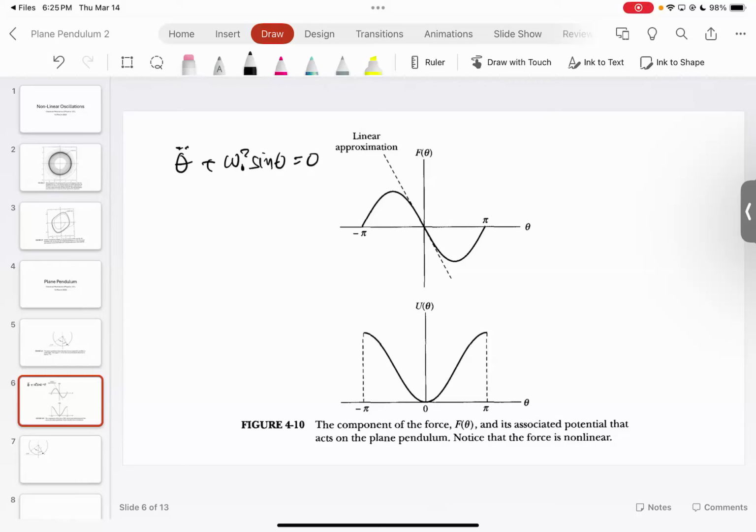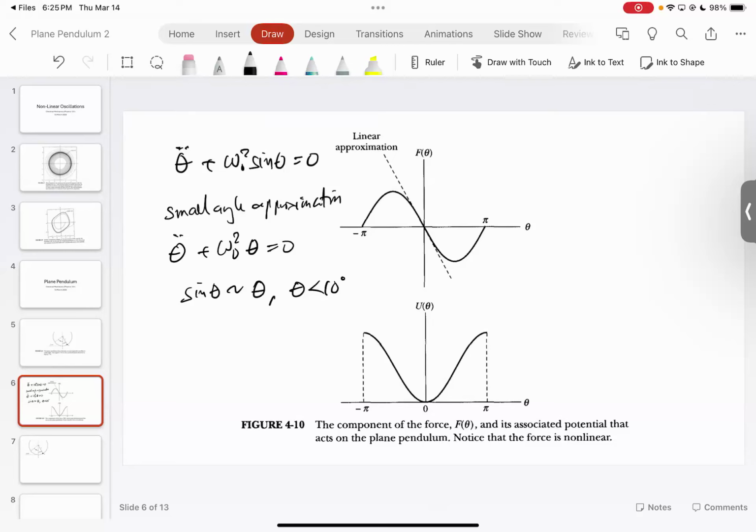So what we do is we use a small angle approximation. Okay, and if we do that, then we end up with theta double dot plus omega naught squared theta is equal to 0. Because with the small angle approximation, sine theta is equal to theta. And from your Physics 101.1 experiment, the small angle now corresponds to any angle less than 10 degrees.